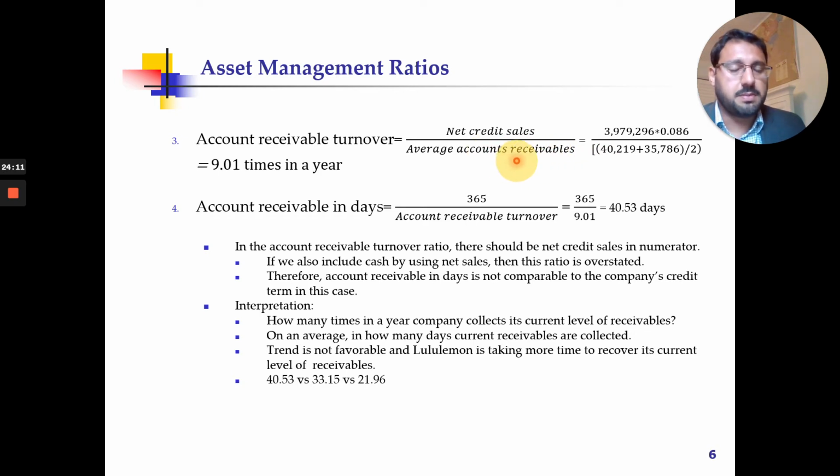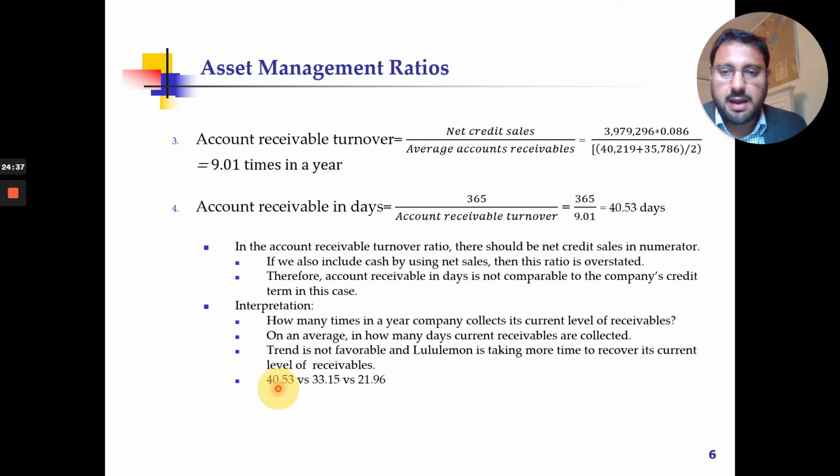And again, check the trend, check the industry average. I'm leaving it to you if you want to use the industry ratio by calculating it for more companies, but at least do it for the competitor and compare your numbers with the competitors.